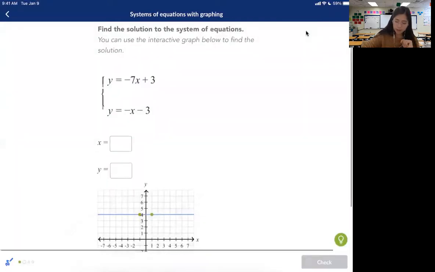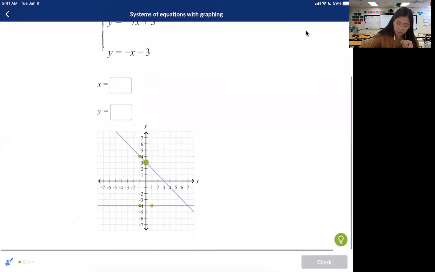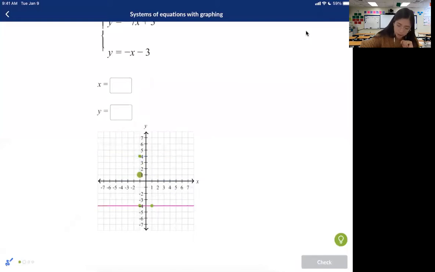So let's go ahead and do that. Okay, I put 1 dot right here on the 3. And then my other dot, there we go. 1, 2, 3, 4, 5, 6, 7 units down, and then 1 unit to the right. There's my blue line.